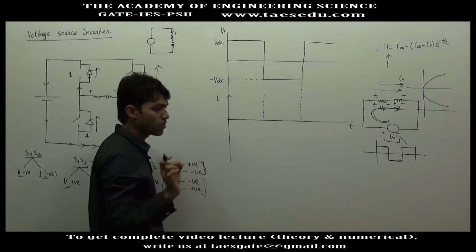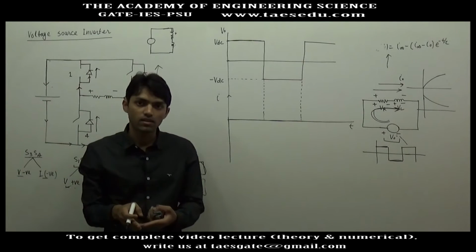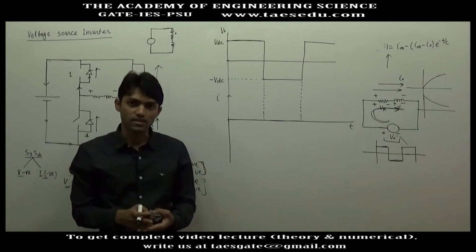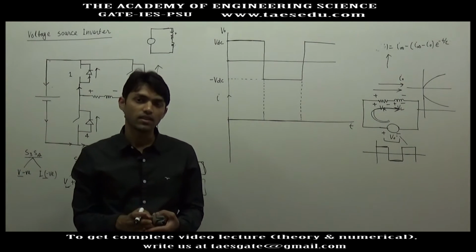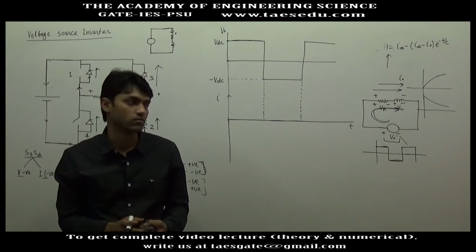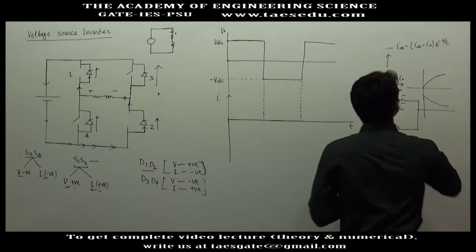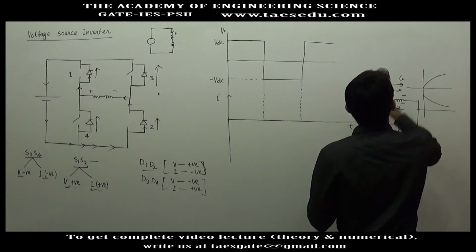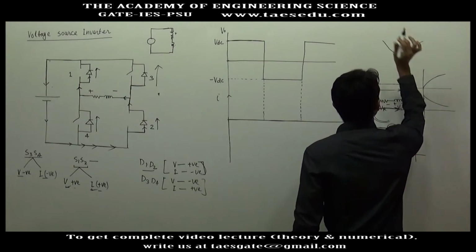Okay, so whenever a quantity starts rising, just before the rise, the quantity will be at its minimum value. Suppose you have this type of graph for some function.